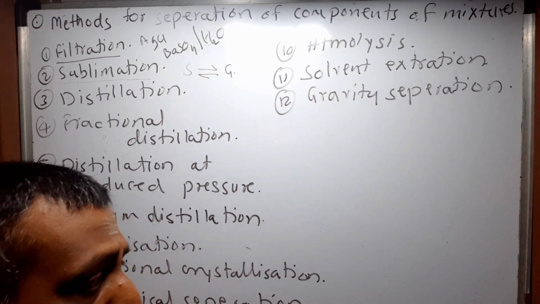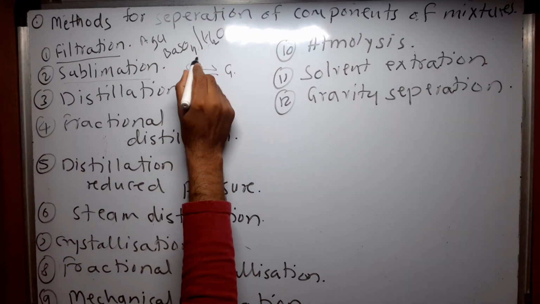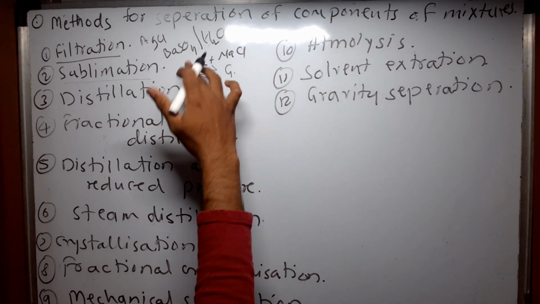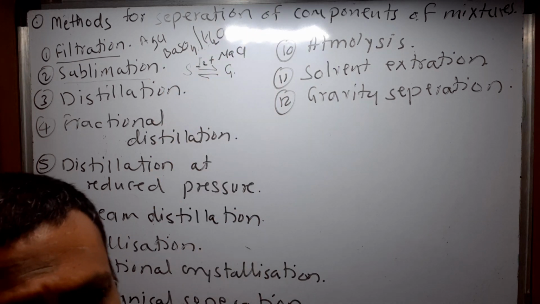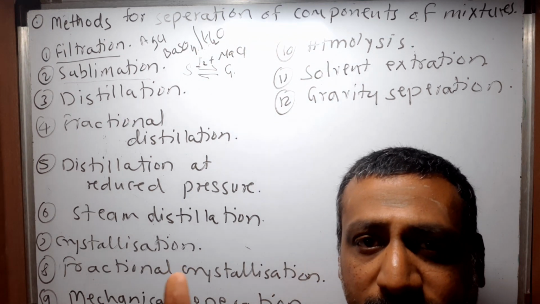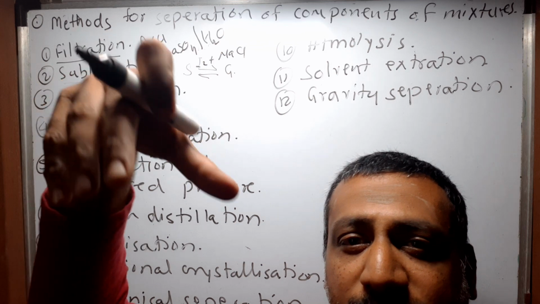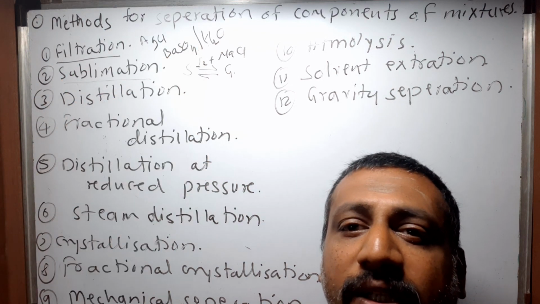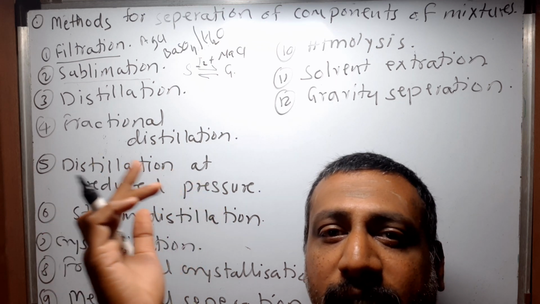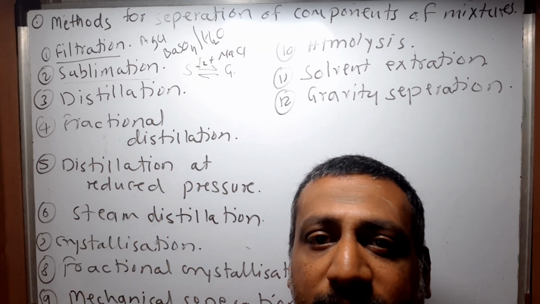Say for example, a mixture of iodine and sodium chloride. Iodine is sublimable, sodium chloride is not sublimable. So we should keep the mixture in certain glassware, and we should keep an inverted funnel over it, so the sublimable substance will go up and it will adhere to the inner wall of that funnel.